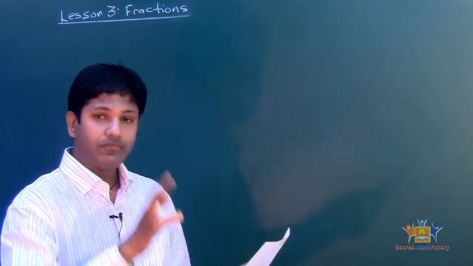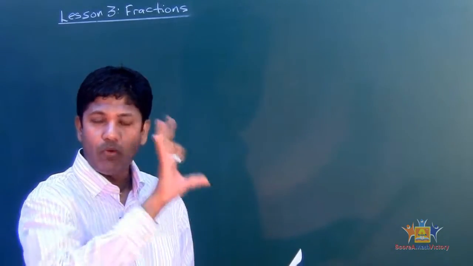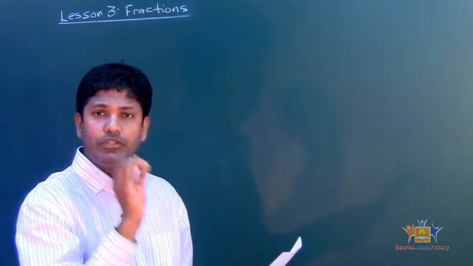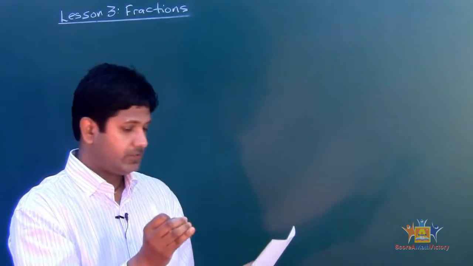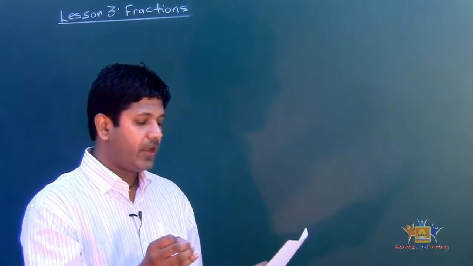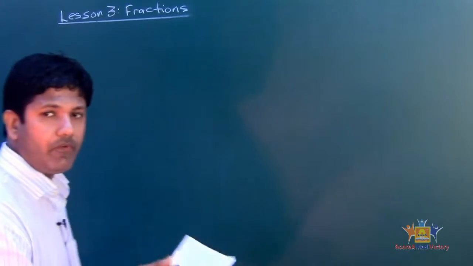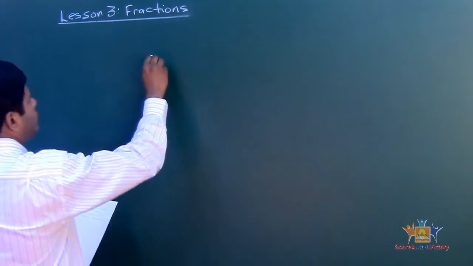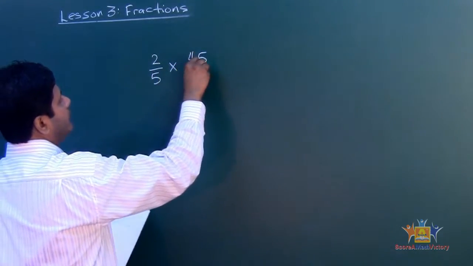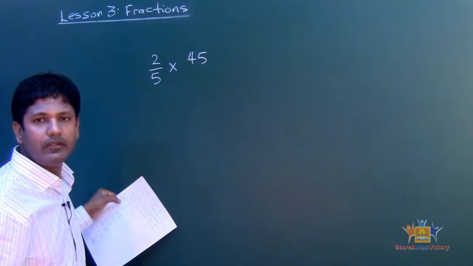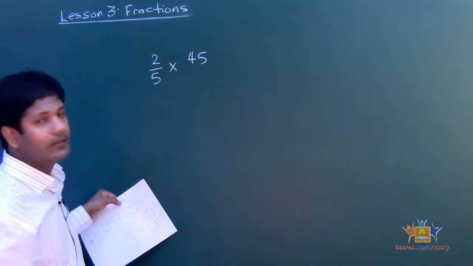So 45 is a whole, like one pizza, and 2/5 of that 45 are boys. How many boys are there in the classroom? If I set that up, it would be 2/5 times 45.